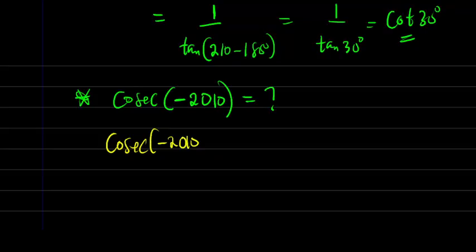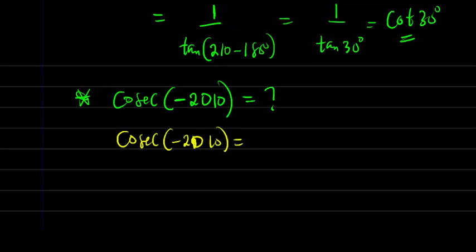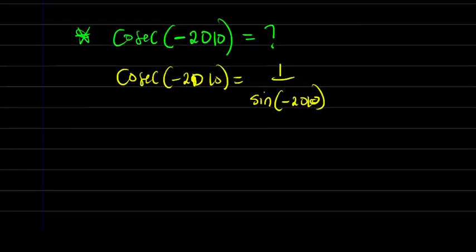Let's convert it to sine. So we have 1 over sine of minus 2010 plus 360 times 6. 360 times 6 is 2160. Minus 2010 plus 2160 gives us 150.